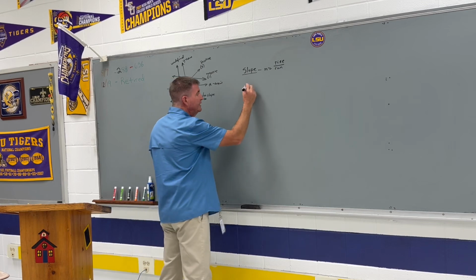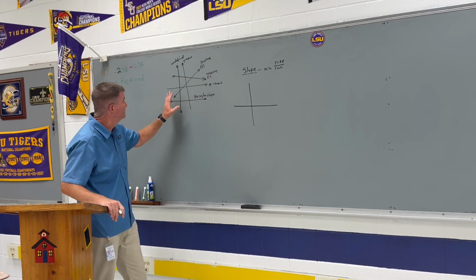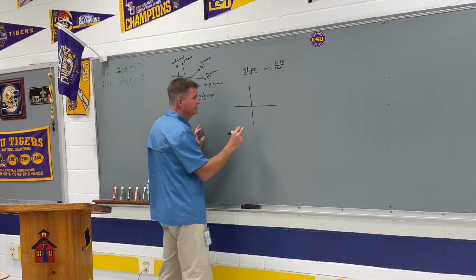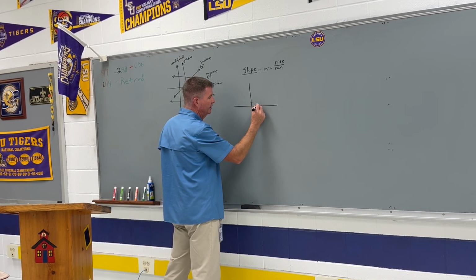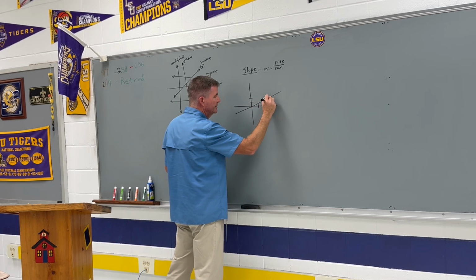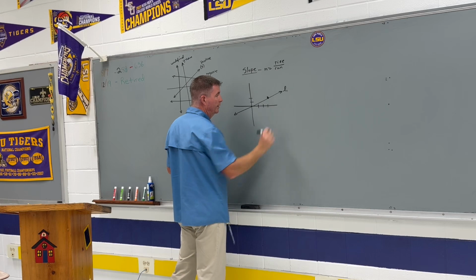Now, we can measure the slope by counting coordinates of points that are on the line. For instance, if we have a line going through the origin, and let's say it's going up 3 and up 2, let's say this is our line, L1.